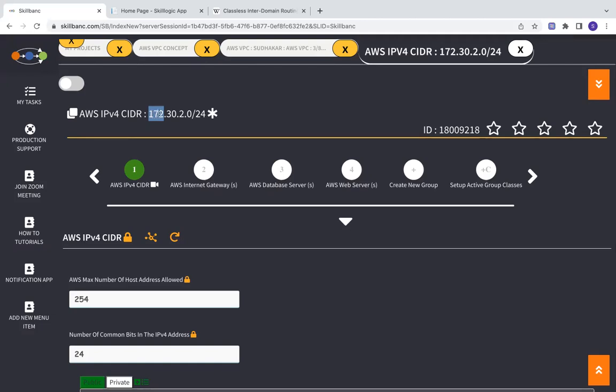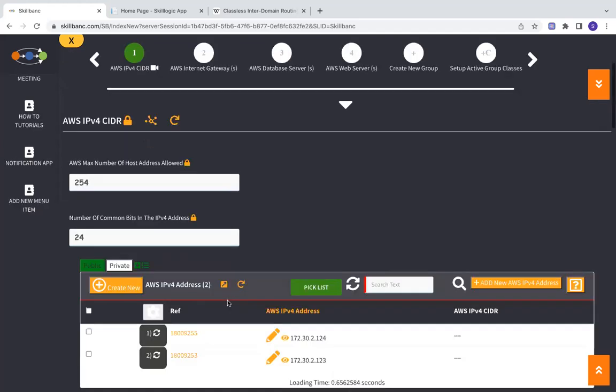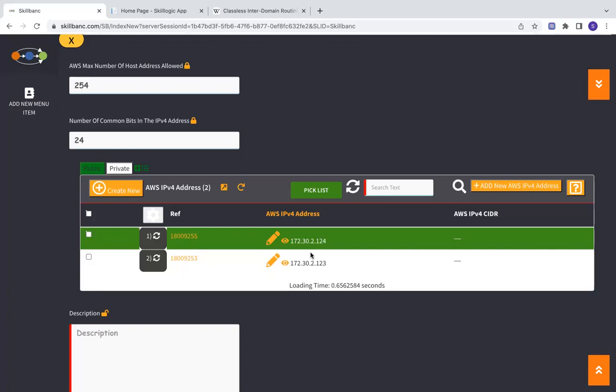172 we write in binary 8 bits. 30 in binary 8 bits. Number 2 also in 8 bits. So these bits would be common. Those are 24 bits. So what are you left with? You are left with another 256, out of which the max number of allowed host addresses will be 254, because I can put that many web servers or databases or whatever machines, and I can assign an IPv4 address for each of these machines.